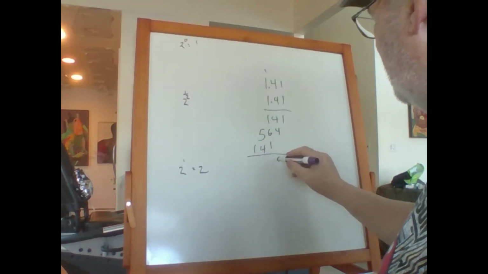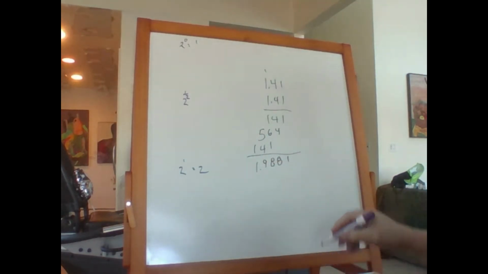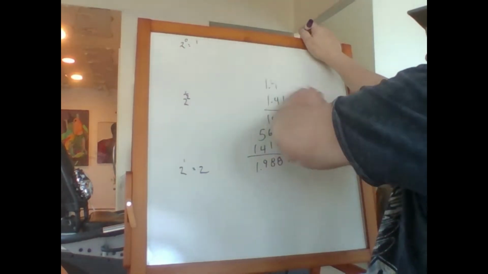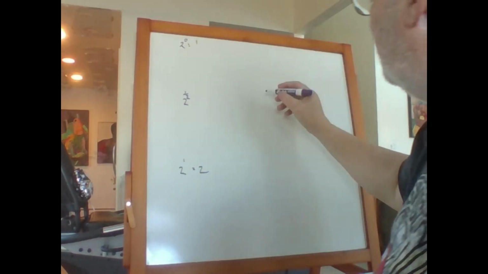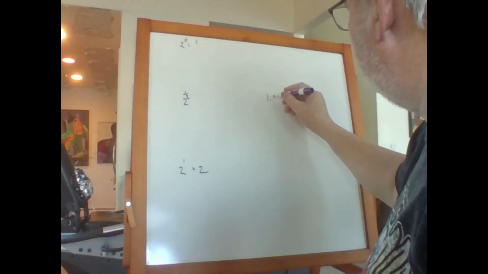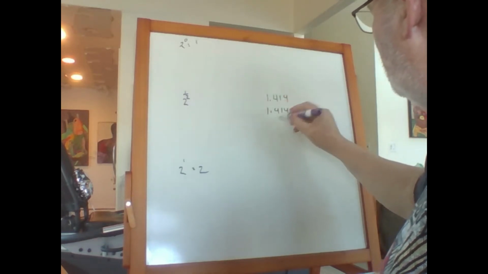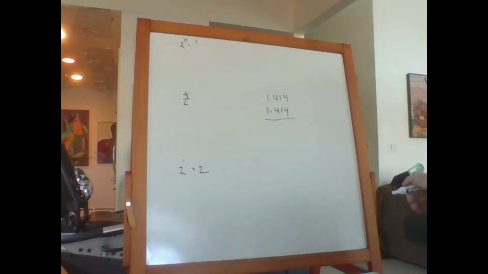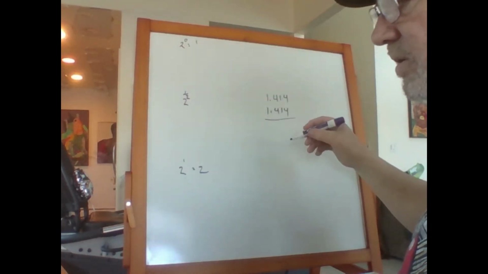We got 1.8891, 1.988. It's still too small. So we go 1.414. I know these numbers, so back then they would have had to do a little more guessing, but they did a pretty good job guessing.